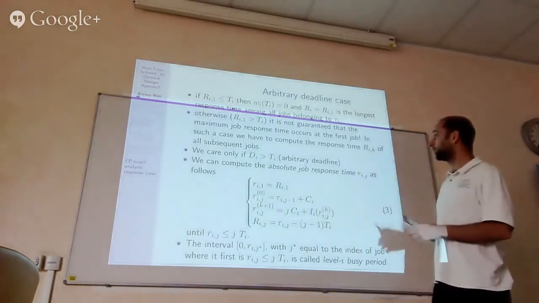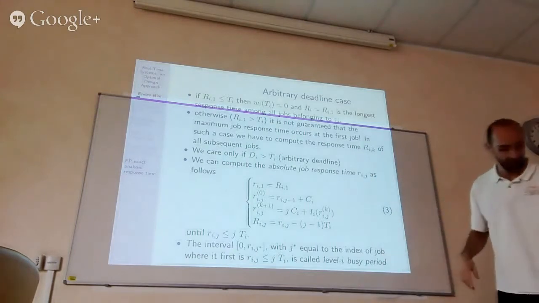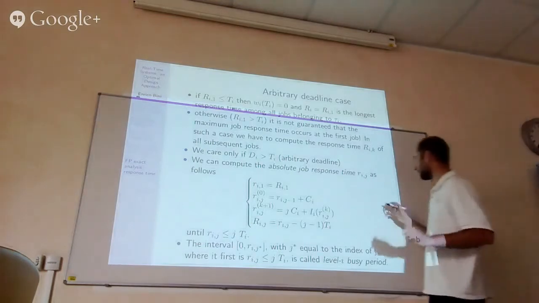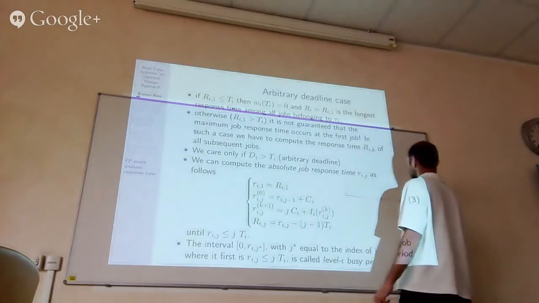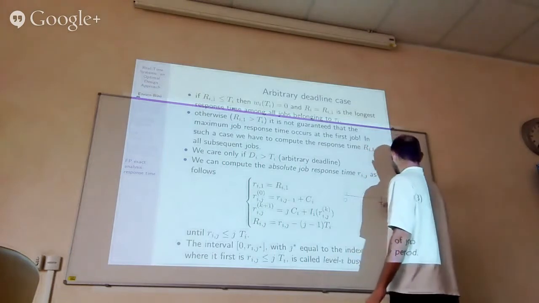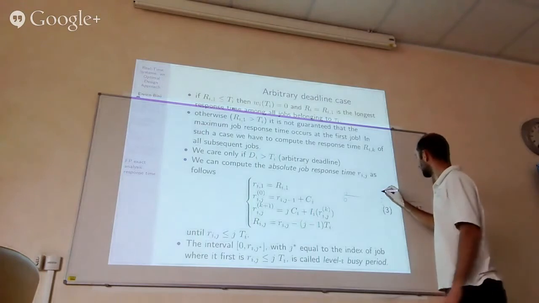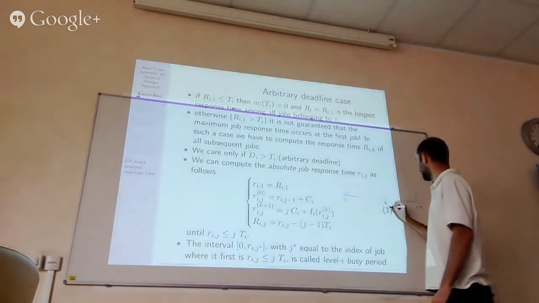Right. We compute the so-called absolute response time, which is the response time computed starting from 0. Okay, let me draw here. So say 0, Ti, and 2Ti. This is what I called, let's say, R1.